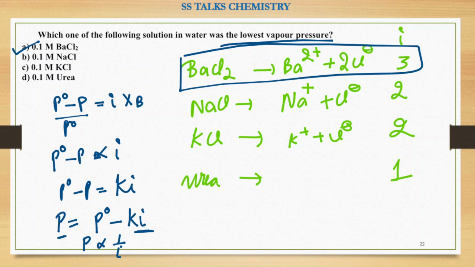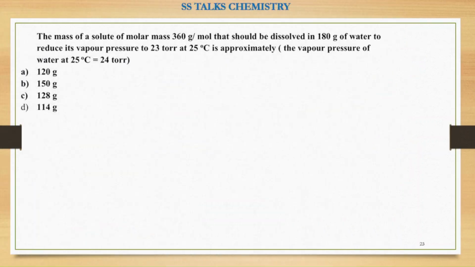Okay. Next one we have is this question. It says what is the mass of solute, having this molar mass, that should be dissolved in 180 grams of water to reduce its vapor pressure to 23 torr at 25 degrees centigrade? Approximately we have to find it.